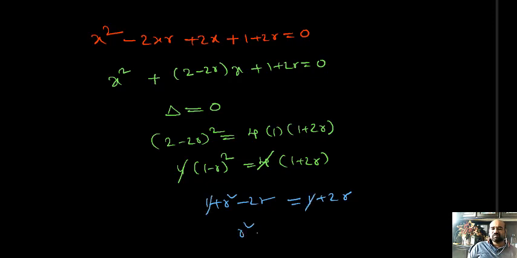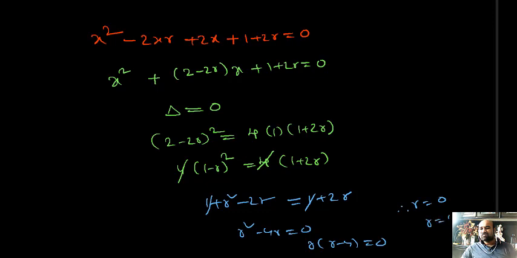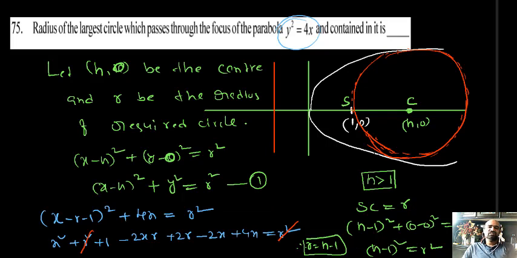So r square minus 4r equal to 0. Take r common: r times r minus 4 equal to 0, therefore r equal to 0 or 4. But we want a circle with the larger radius, so r equal to 4. Therefore the answer to the problem is r equal to 4.